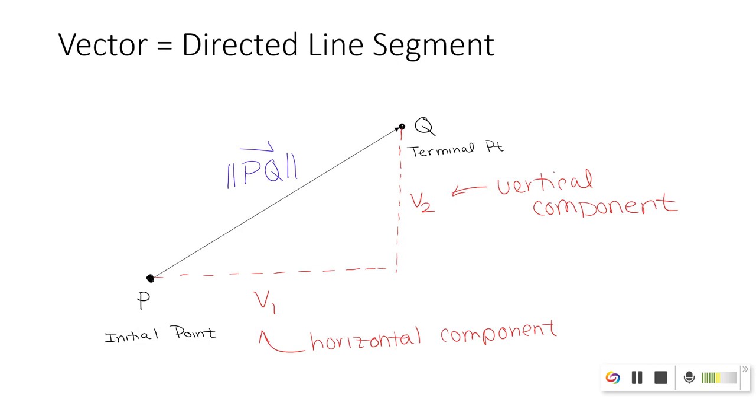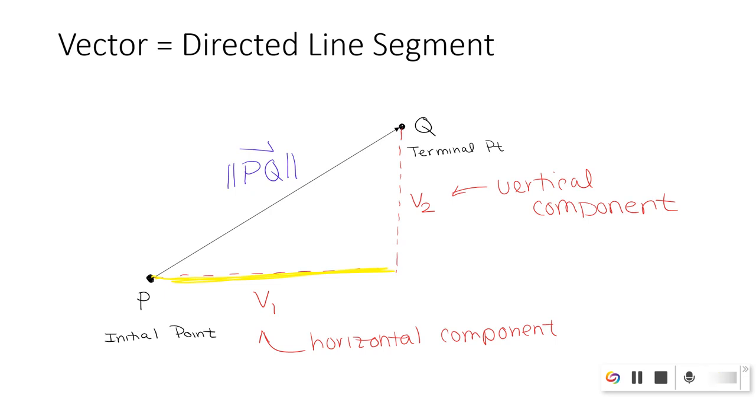All right, a little bit more vocabulary. We often talk about our vectors in what's called component form. So the vector I have drawn on the screen, vector PQ, I can create, like I've done on the screen, a triangle out of this vector. And we could say that the horizontal distance down here in yellow is my horizontal component.